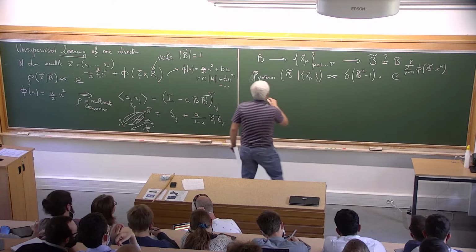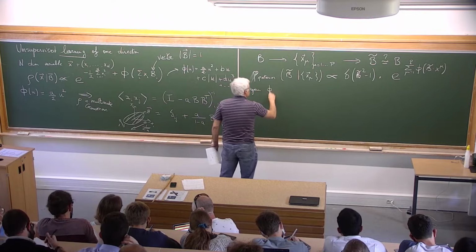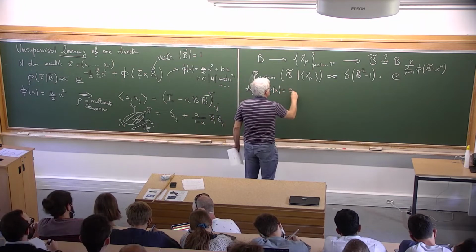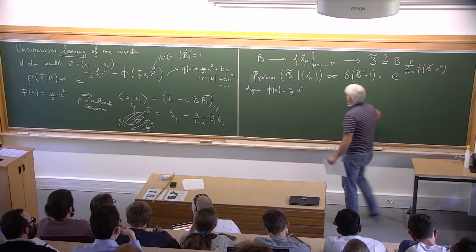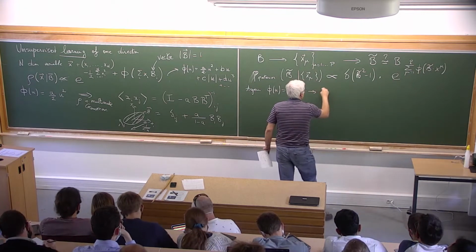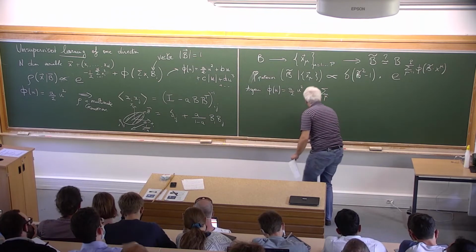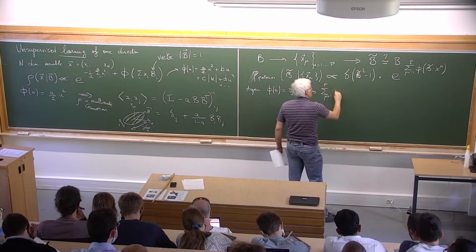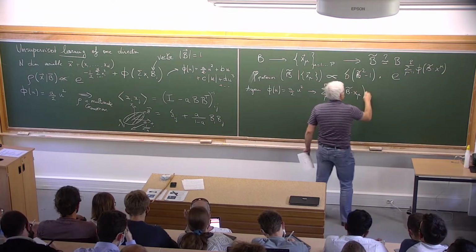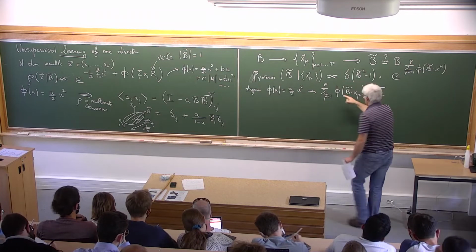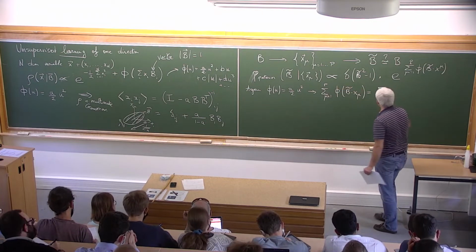So if I consider again phi of u equal to A over 2 u squared, then you can just take this dot product squared, and the sum over mu running from 1 to P of phi of B tilde dot x mu is going to be a double sum over i and j, if I exchange the sum inside, the one defining the dot product and the one outside the phi.